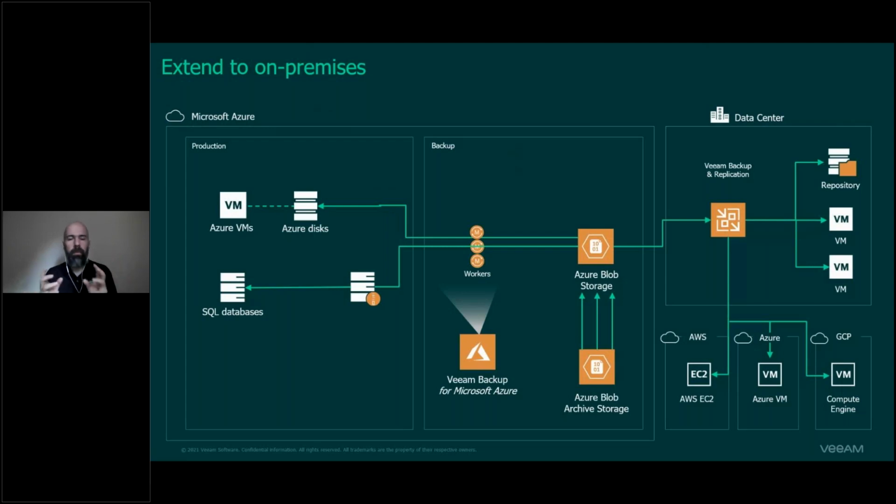So once you do this interconnectivity between your native cloud solution, Veeam Backup for Microsoft Azure, and your on-premises VBR, you get the full flavor of moving your data around from whatever cloud you want to where you actually desire to do it. And that's about it for the slide part.